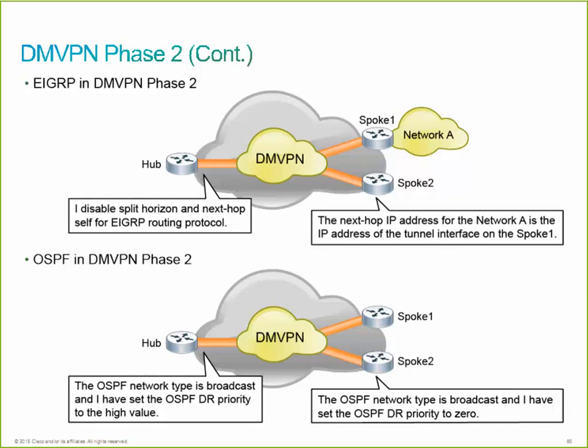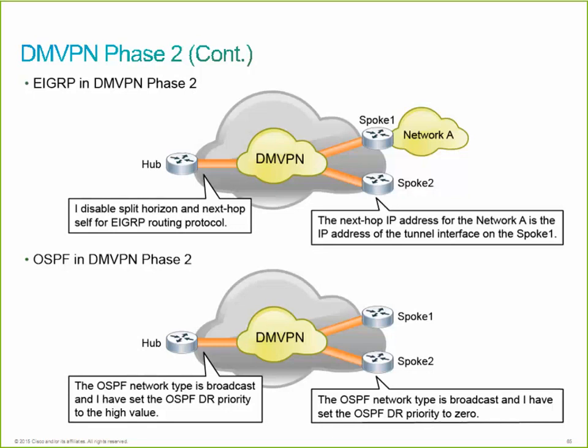Now, generally the recommendation is to set the priority of the hub router, which we do on the interface, to a high value. It goes all the way up to 255. But that wouldn't be the only thing I would do. I would go on all of the spoke routers and set their priority to 0, which, if you remember from your CCNP class, ensures that the spoke routers can never become a DR or a BDR. Does that make sense? All right.